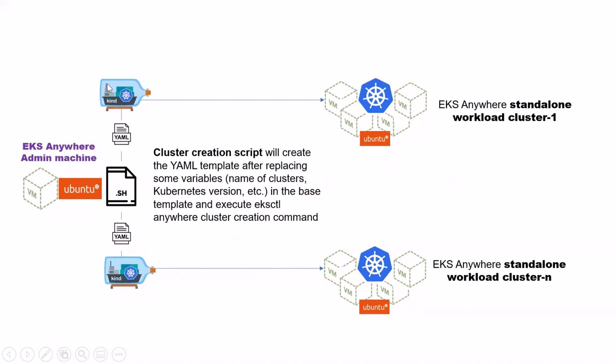Also note that the kind cluster runs Cluster API pods as a part of the EKS Anywhere bootstrapping, and those Cluster API pods communicate with vSphere. Once the cluster is fully created, this bootstrap cluster has to be deleted.